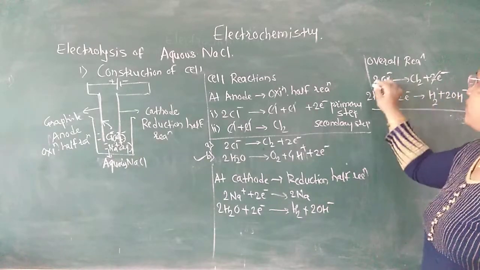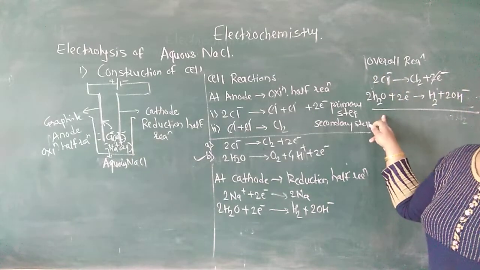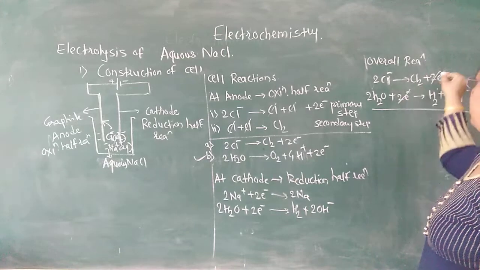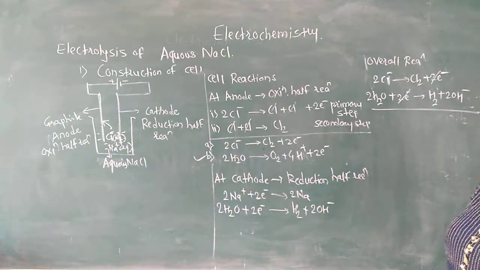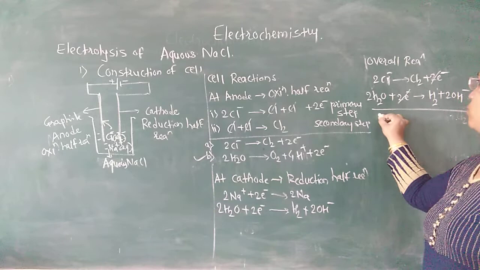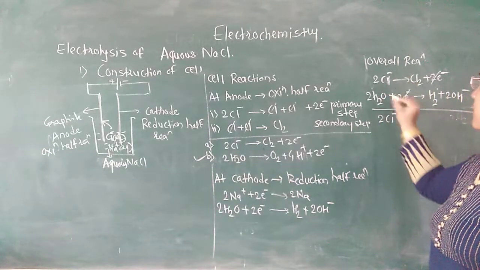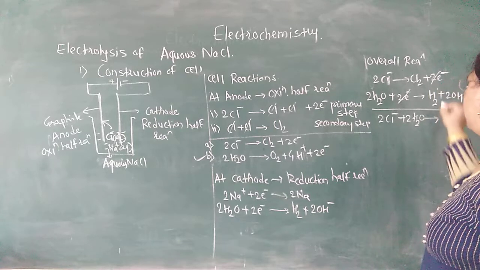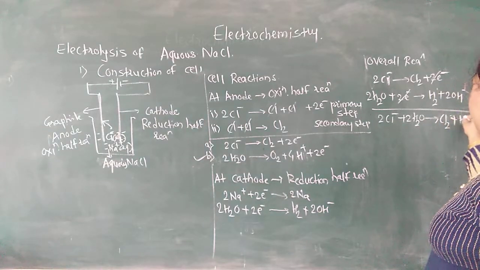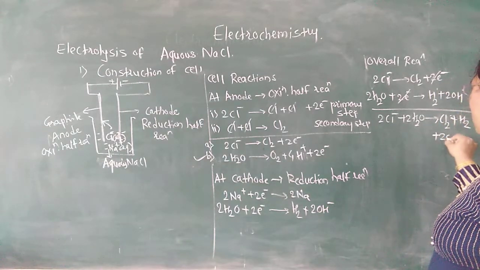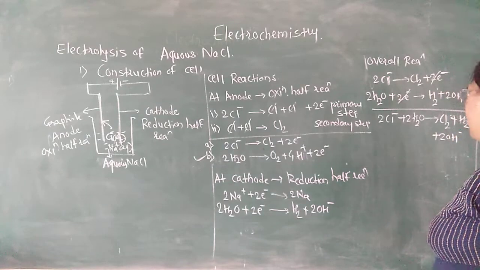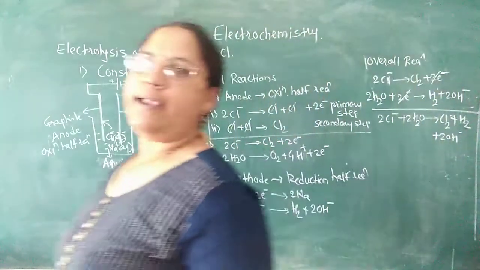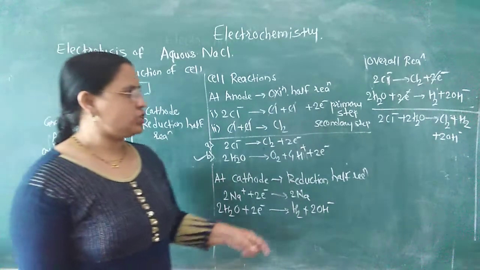So addition of these two, we will get the overall reaction. 2 electrons get cancelled. So what remains? 2Cl minus plus 2H2O gives Cl2 plus H2 plus 2OH minus. So this is called the net cell reaction or overall reaction.